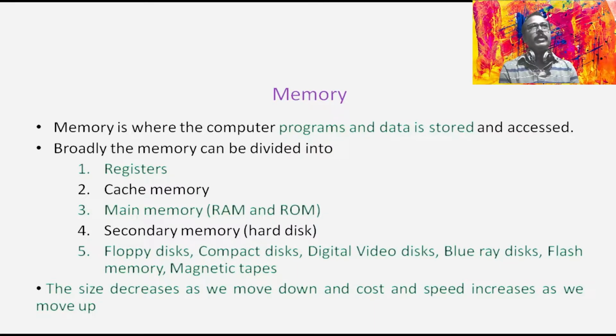Broadly, memory can be divided into registers, cache memory, main memory, secondary memory, and then other things like floppy disks, compact disks, DVDs, tapes, etc. You can consider this a memory hierarchy.